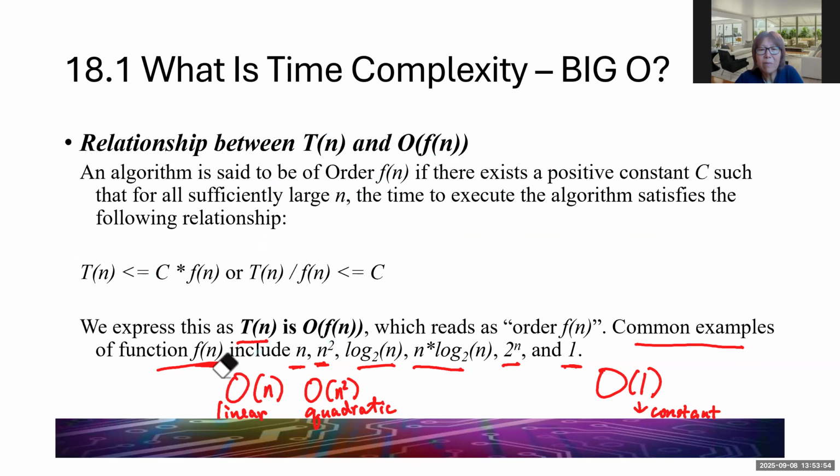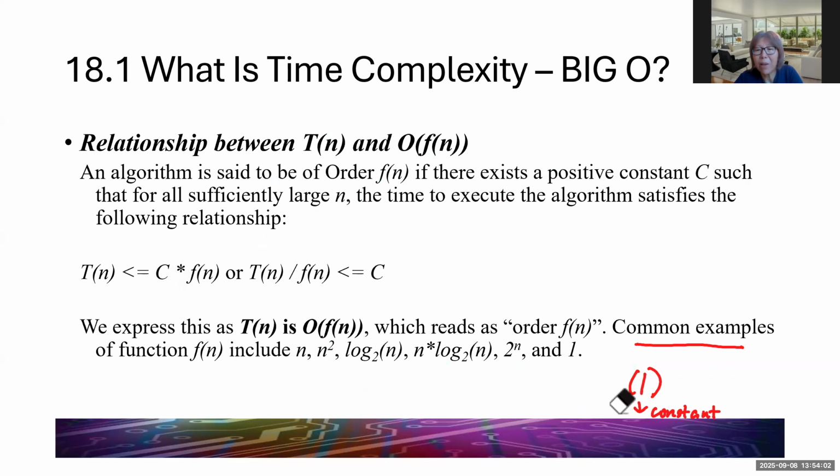A good example for constant, if you recall in the previous chapter when we learned the data structure stack: whenever you want to add an item at the top of the stack, that has nothing to do with the data size.